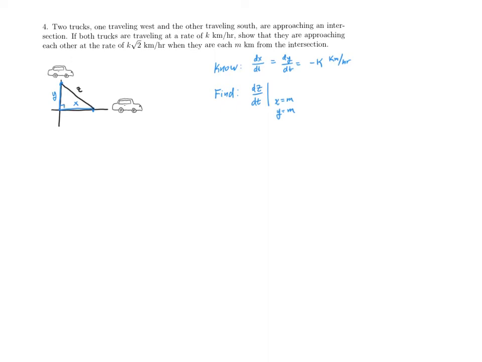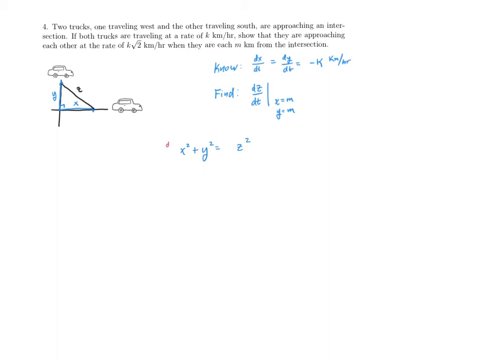What we now need is a relationship between these quantities x, y, and z. And similar to other problems, there's a key geometric relationship for the lengths of the sides of a right triangle. The Pythagorean theorem tells us immediately x squared plus y squared is z squared.